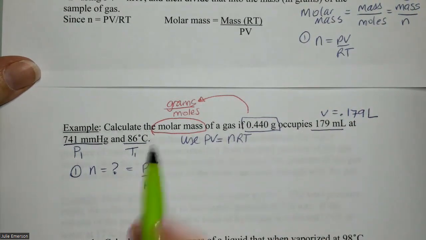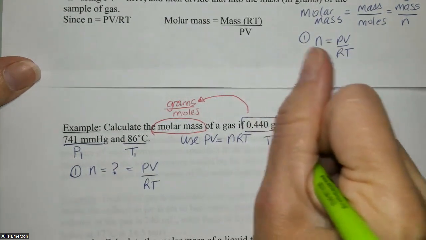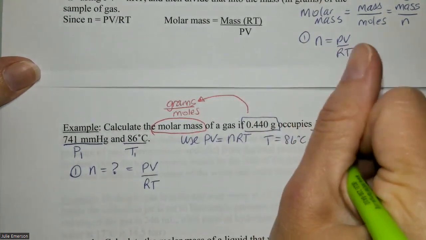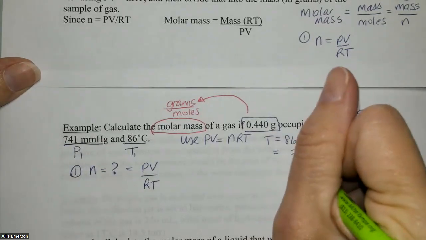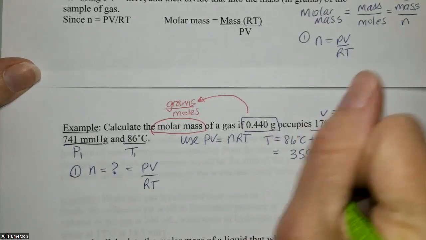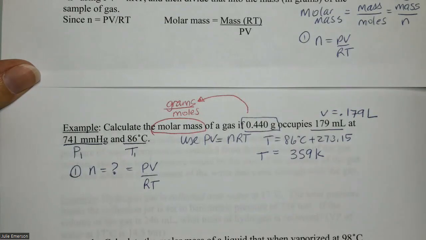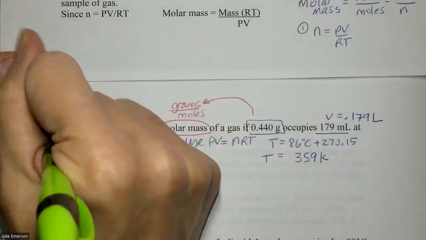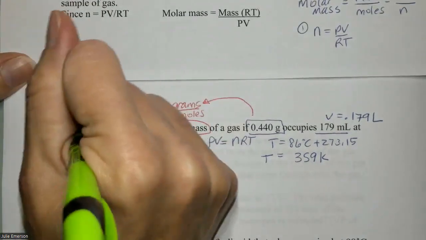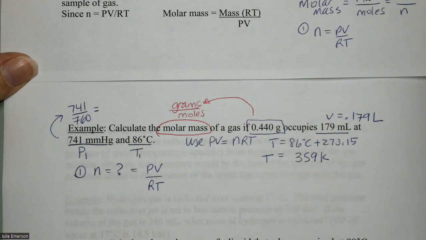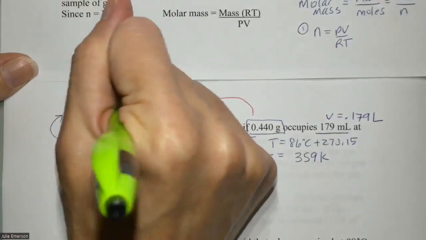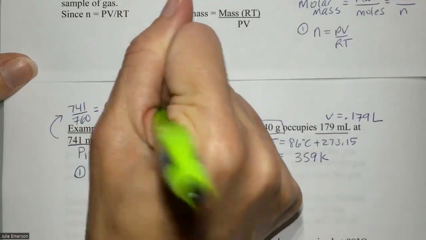Temperature, it is 86 degrees Celsius, but we're going to add the 273.15. So really this is 359 Kelvin. All right, and then pressure in millimeters of mercury. So just really quick up here, we're going to take the 741, divide it by 760, and that'll get us atm. So this is really 0.975 atmospheres.